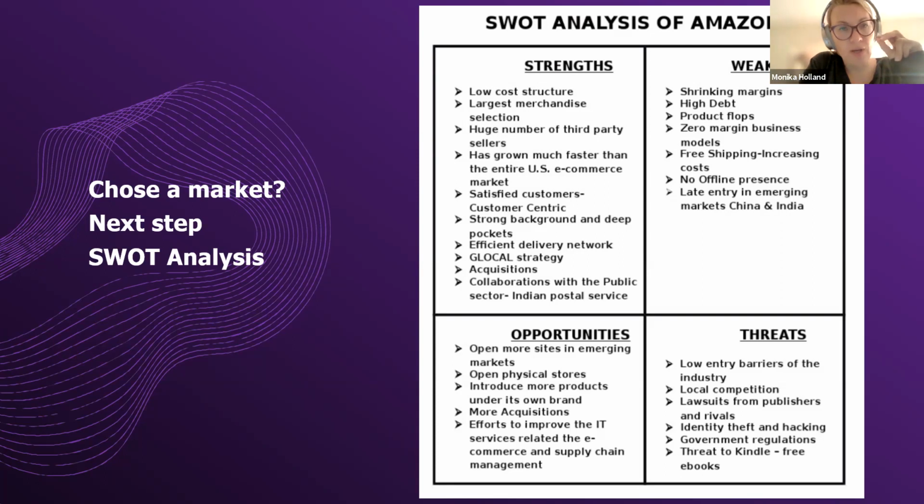And traction. When we speak to investors, showing traction is very important. Ideally, we have paying customers. At this stage, obviously, it's very hard to achieve because we're still figuring everything out.